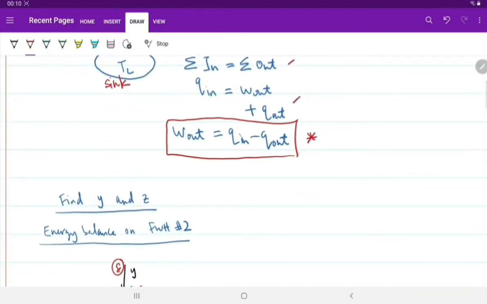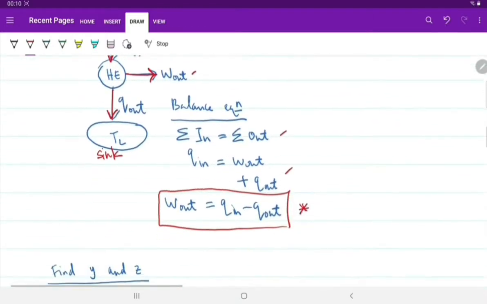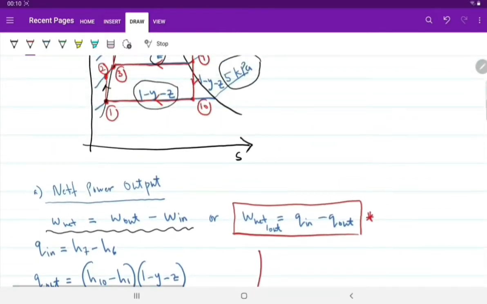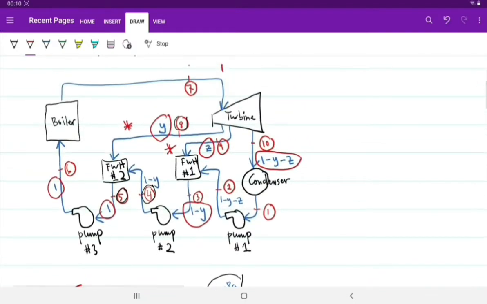So you want to find W net, right? We can simply use Q in minus Q out. From this diagram, our Q in is in the boiler from 6 to 7.